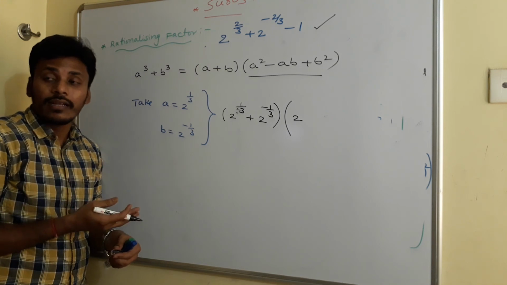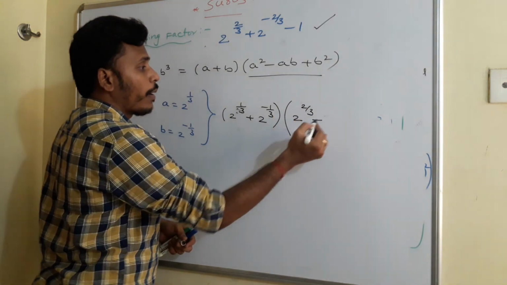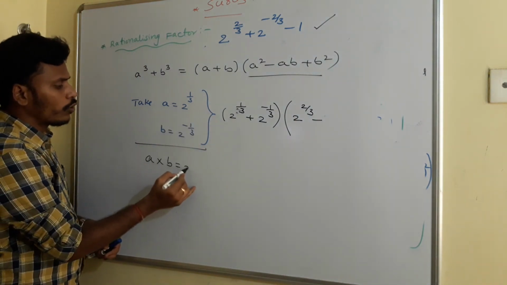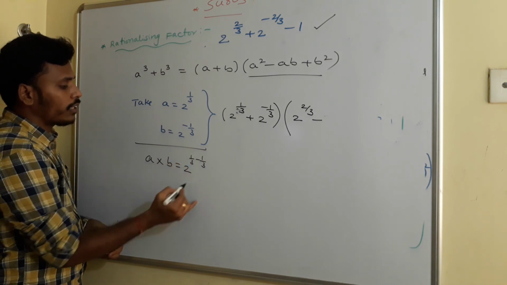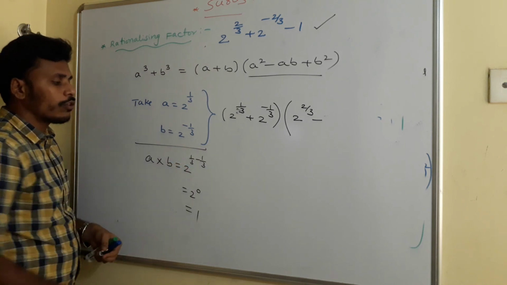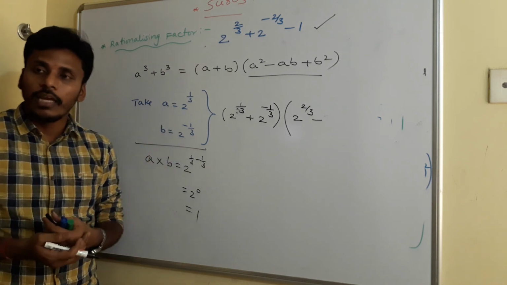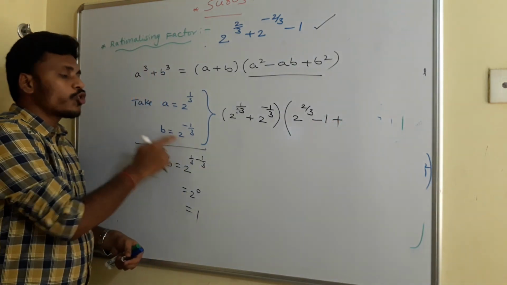What is its square? 2 power 1 by 3 square is directly 2 power 2 by 3, right? Minus ab. You just multiply these two, what will happen? a into b is equal to 2 power 1 by 3 into 2 power minus 1 by 3, that is 2 power 1 by 3 minus 1 by 3, 2 power 0, which is equal to 1. See, if you take a and b like this, automatically ab will become 1. So just replace ab with 1, plus b square. b is 2 power minus 1 by 3.